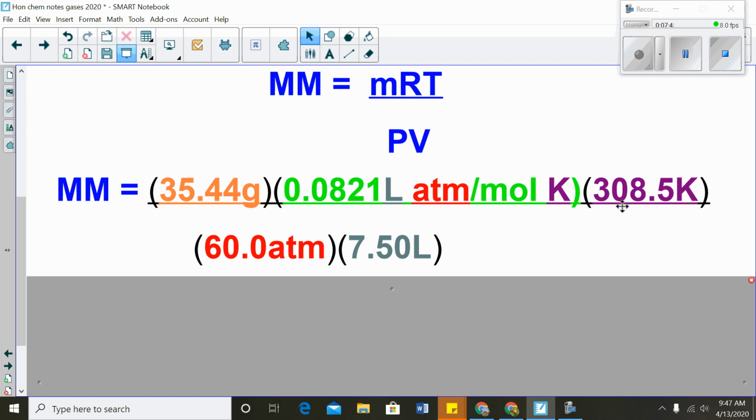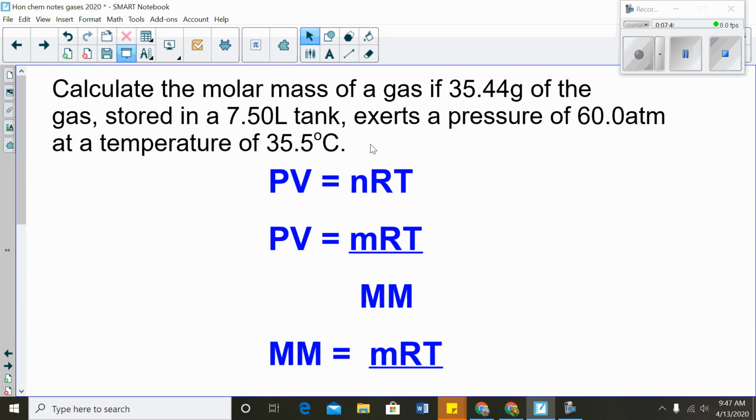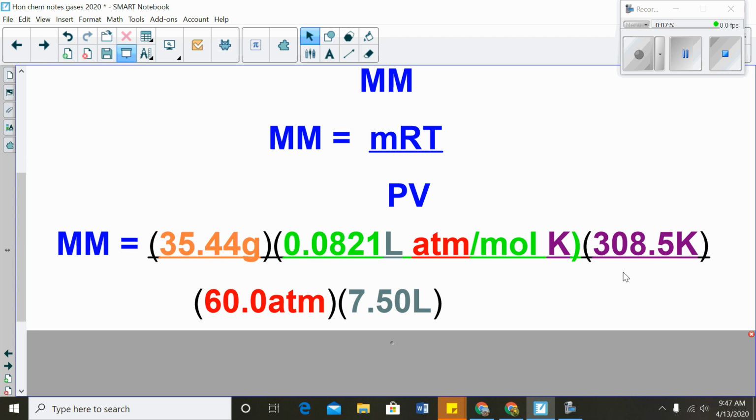Look at my temperature though. Why is this 308.5 Kelvin? Because they gave you 35.5 degrees Celsius and you need to add 273. So that's my purple. 60.0 atm is my pressure. It's in red. 7.50 liter is in gray. And then my R value was up here in green.